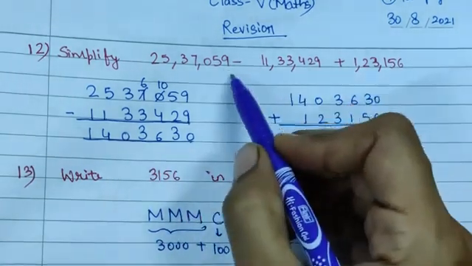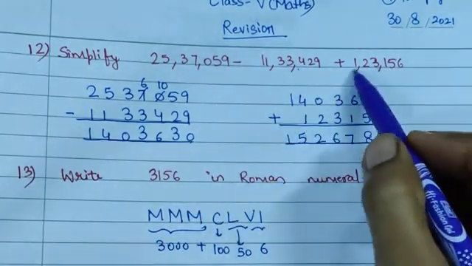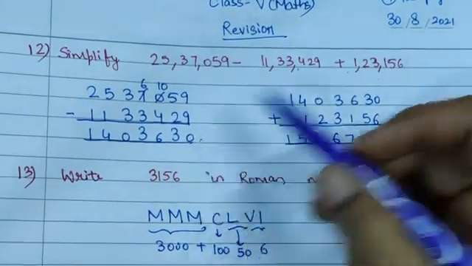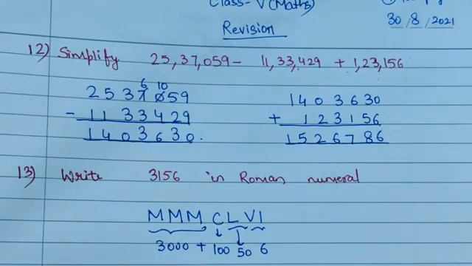And whatever answer we get, we have to add this number to that answer. Now on adding, we get 15,26,786.